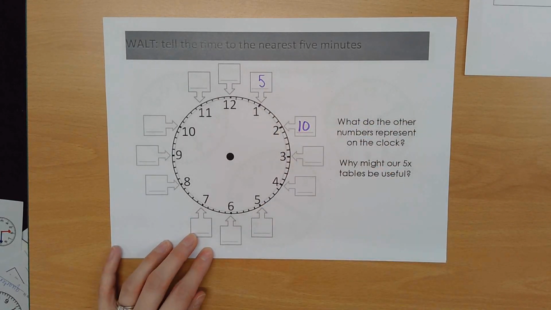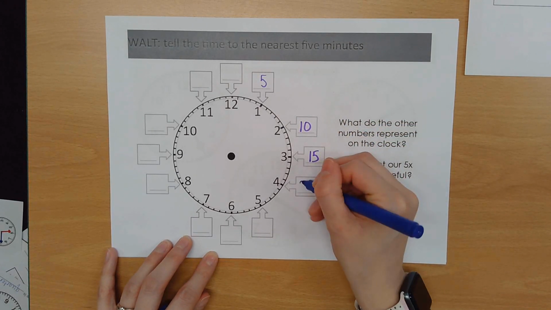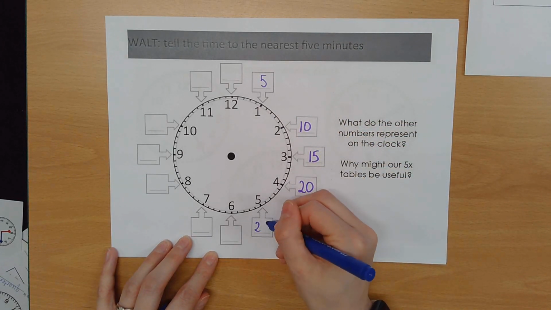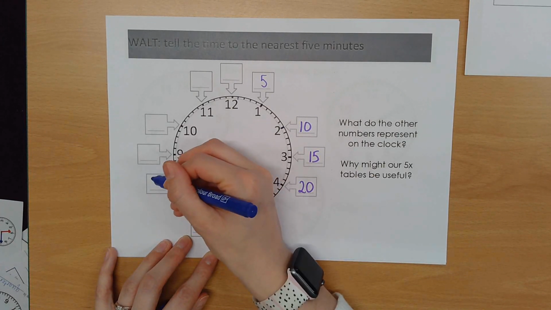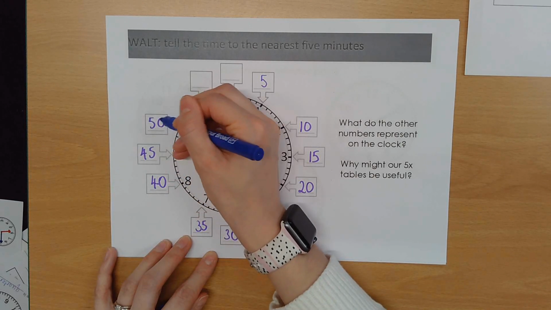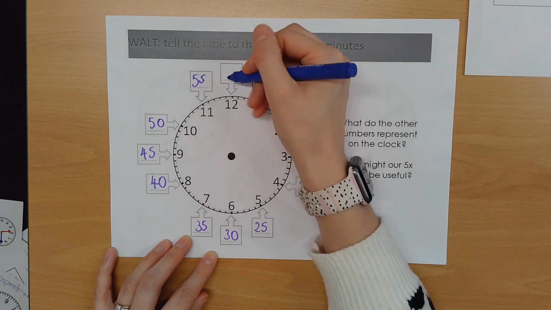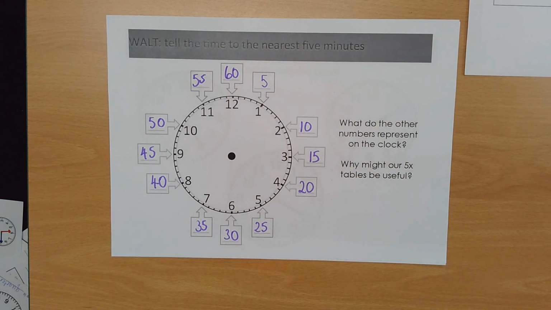So counting with me your 5 times tables, 5, 10, 15, 20, 25, 30, 35, 40, 45, 50, 55, and there are 60 minutes in the hour, but remember we would say o'clock when it gets to here.